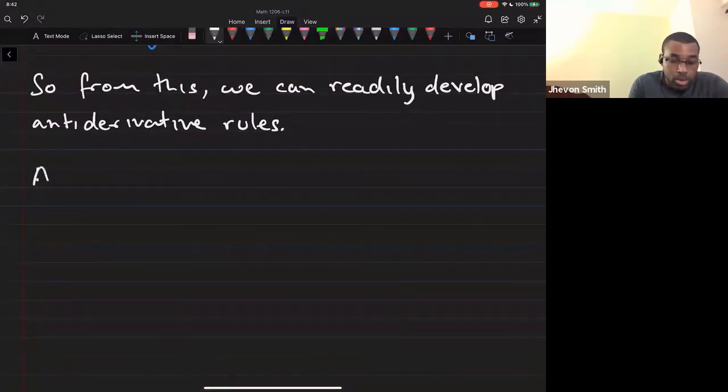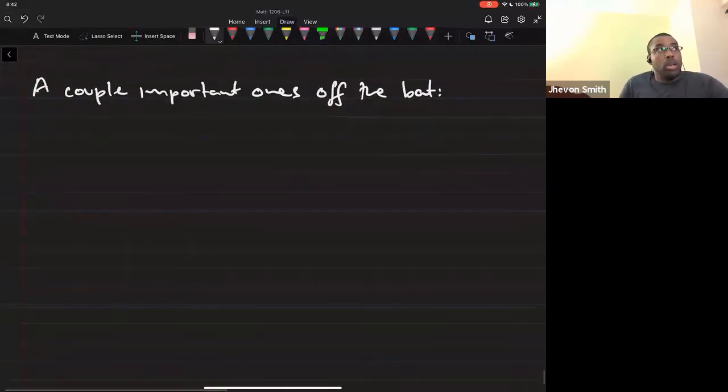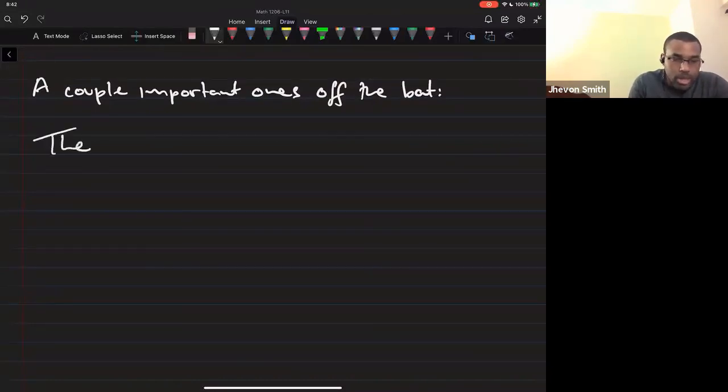So an important one: the power rule for integrals.